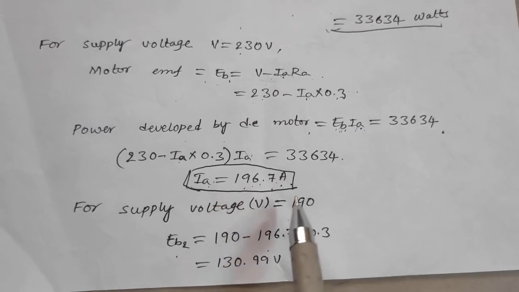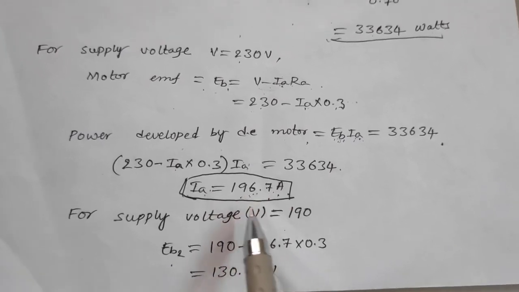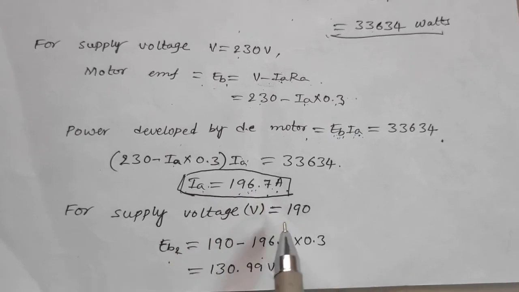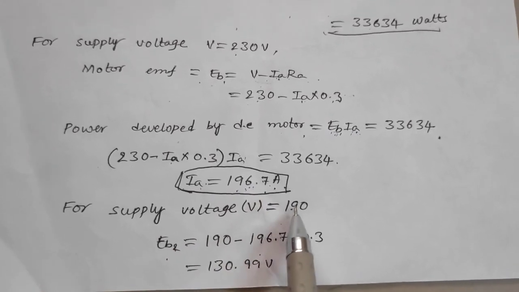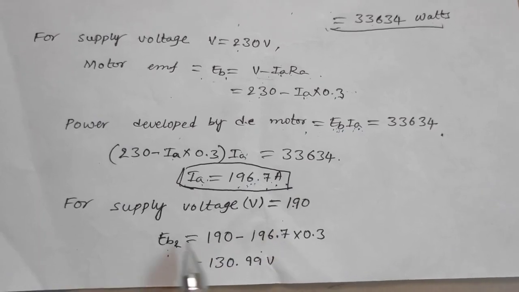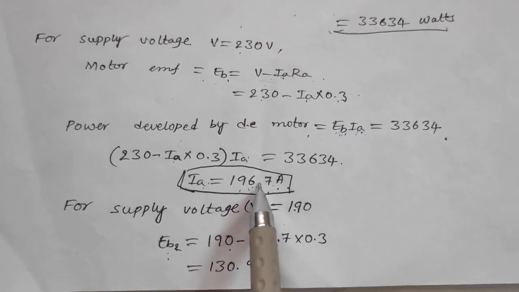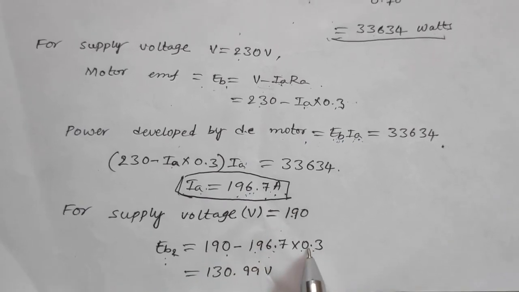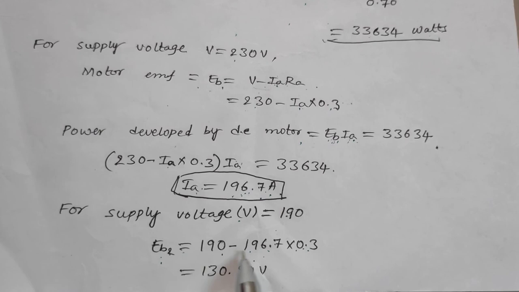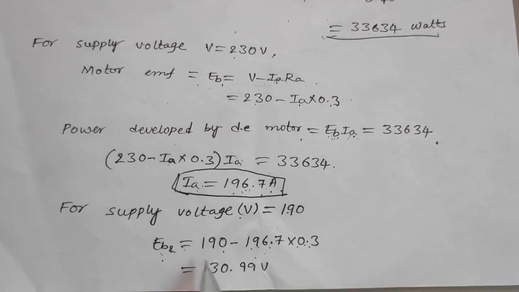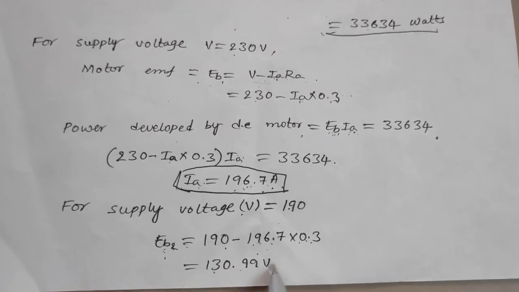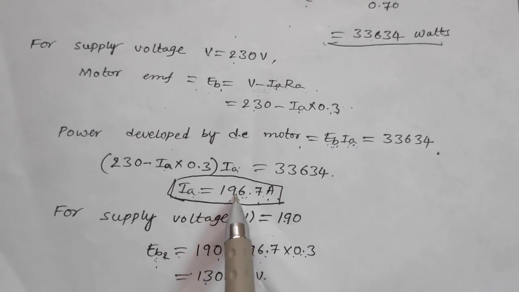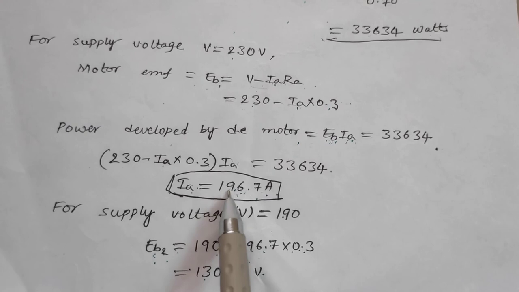So EB2 is equal to 190 minus IA, 196.7, into the armature resistance 0.3. By substituting these values, we get EB2 equal to 130.99 volts. Now we have EB2 and we know the IA value.